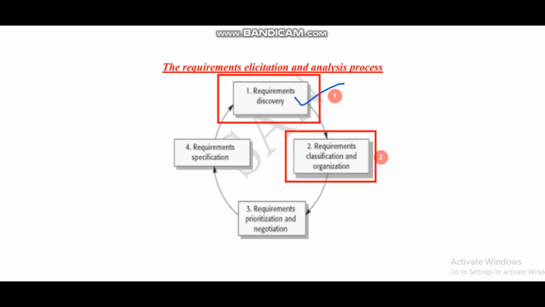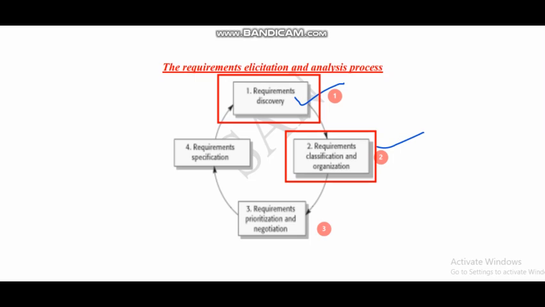Here you will see on what basis you are going to categorize the collected information or requirements, and how you are going to organize that information so that this becomes a final set of information. So this is about the requirement classification and organization.